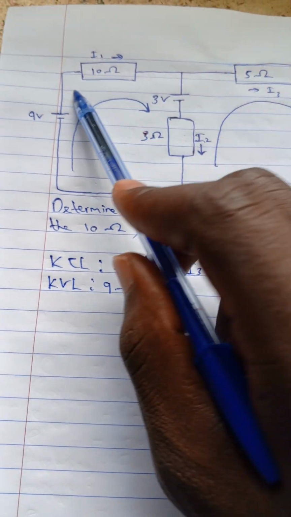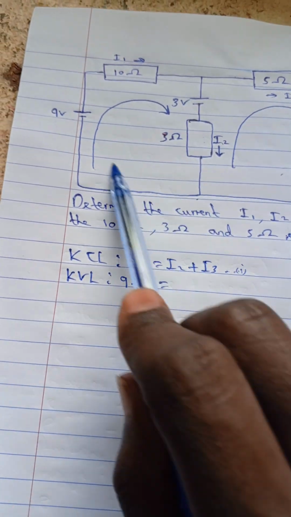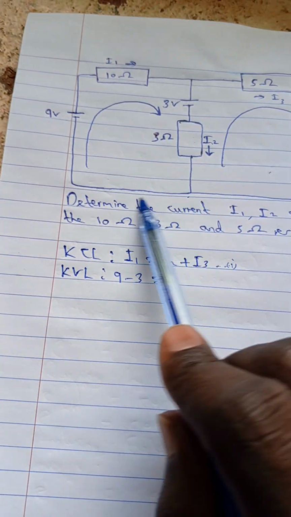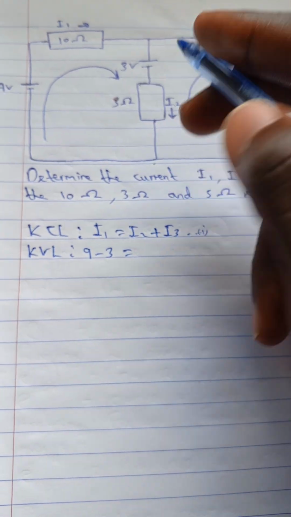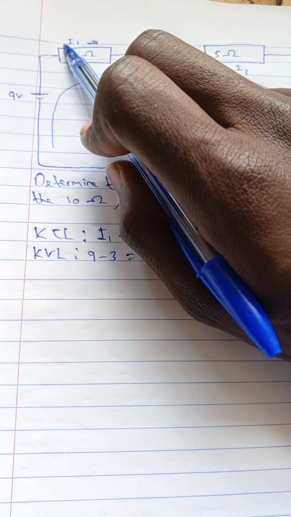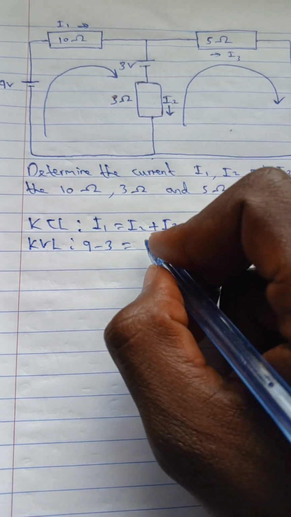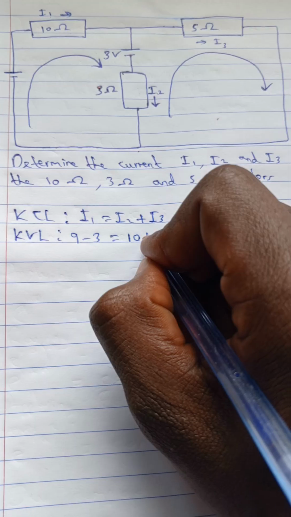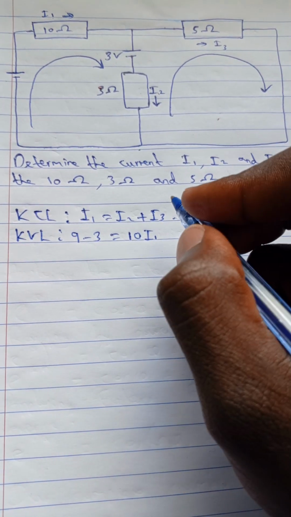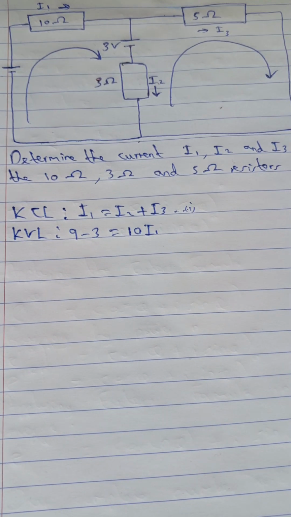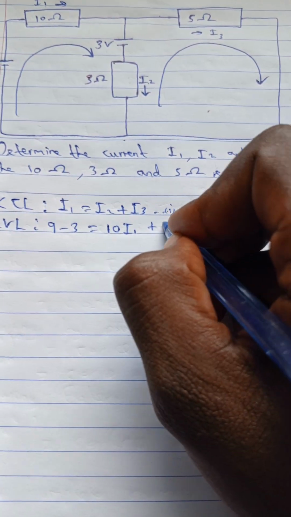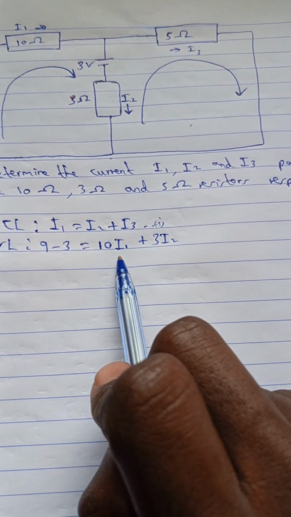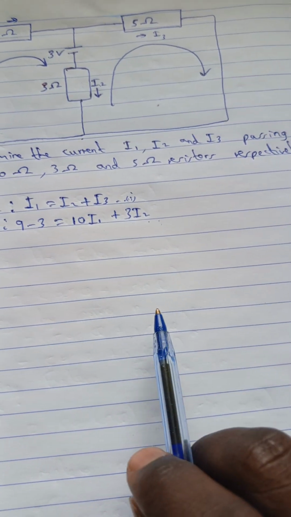Using this first loop, or rather this loop passing through this point, at this resistor we can say 10 I1, then plus 3 I2. Where are these 10 I1, 3 I2 coming from?